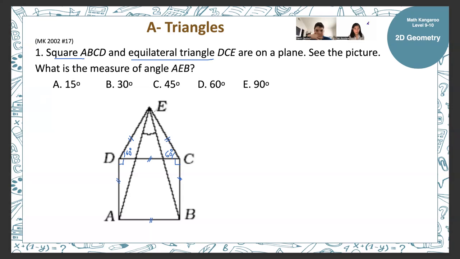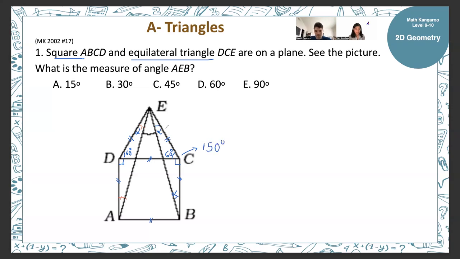Yes. So after we mark that, we know that ECB is isosceles, right? Because EC is equal to CB. And that means this angle alpha here and alpha here are the same. And same on the other side, also alpha due to symmetry. And this angle here is 60 plus 90, that's 150 degrees.